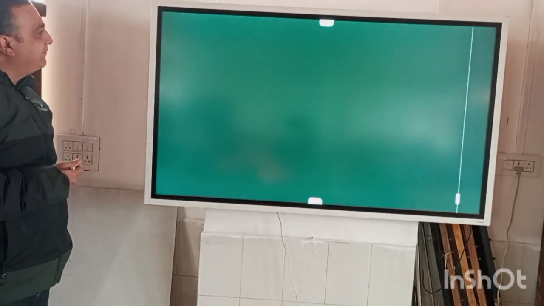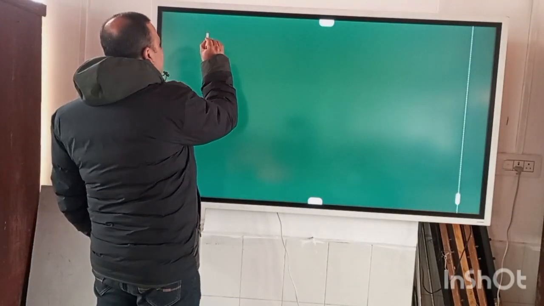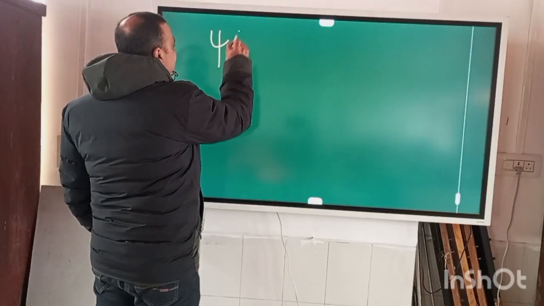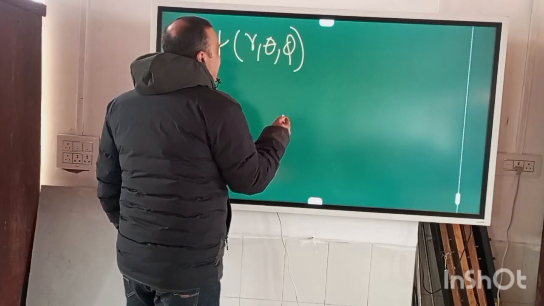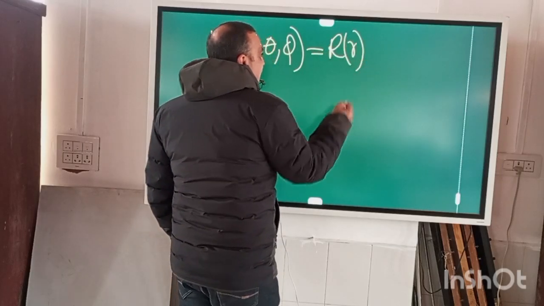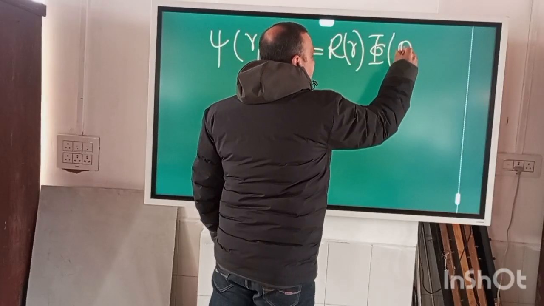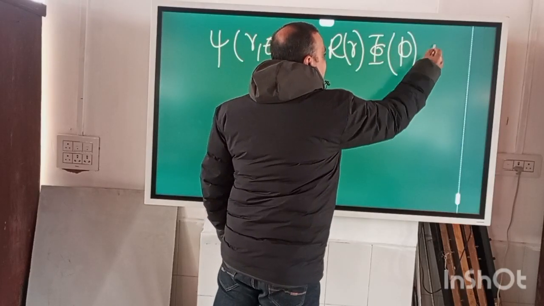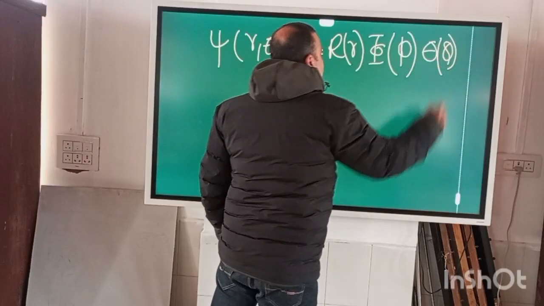Now, if I quickly revise what we had, we started with psi as a function of r, theta, and phi, and this we chose as R of r, then Phi of phi, and Theta of theta.